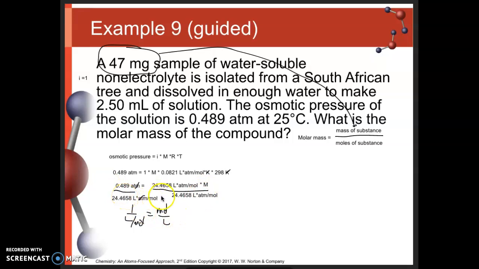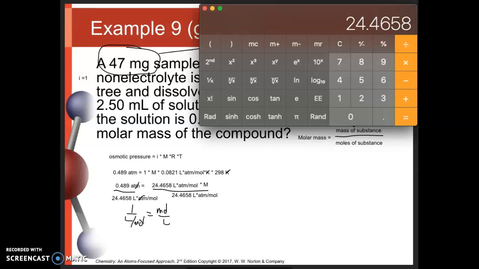And that's going to be important for us in that last step. So 0.489 divided by 24.4658, I get a molarity, to 3 significant figures, of 0.0200.